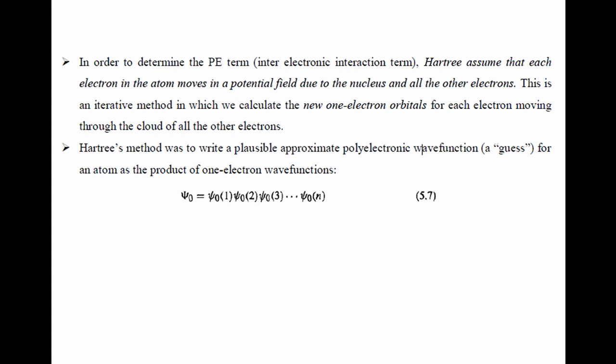Such orbitals are consistent with the potential field, and are called self-consistent field orbitals. And the final wave function psi is equal to psi 1, psi 2, etc. to psi n.